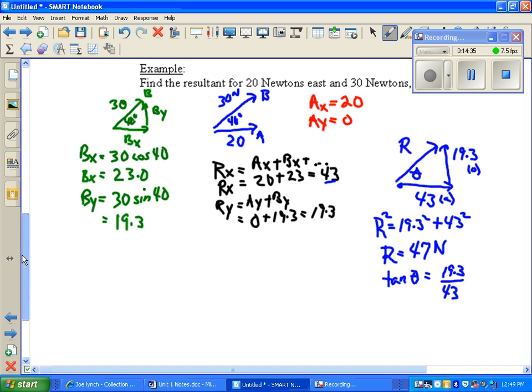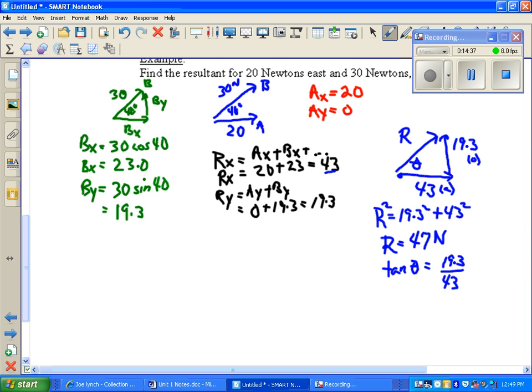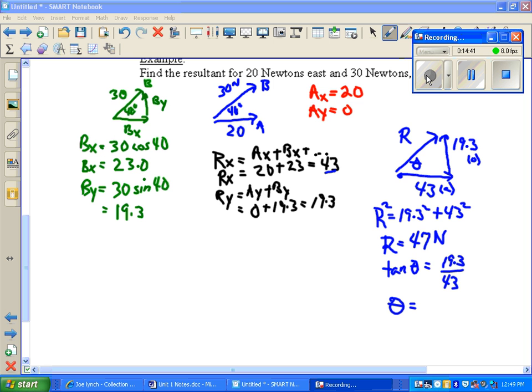When I do my work, I end up with theta equals 24.2 degrees. And it's north of east, because this 43 is pointing east, and I have to swing north of that to measure it. So we can write north of east.